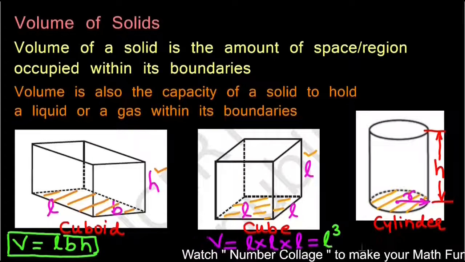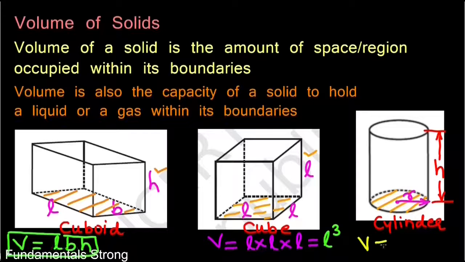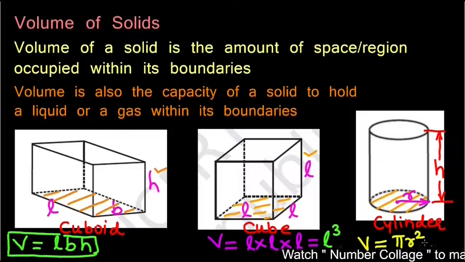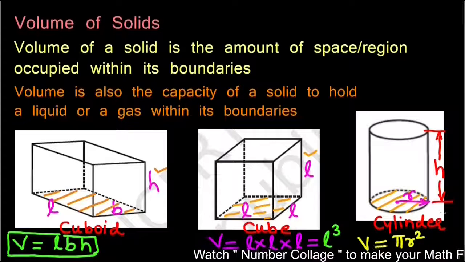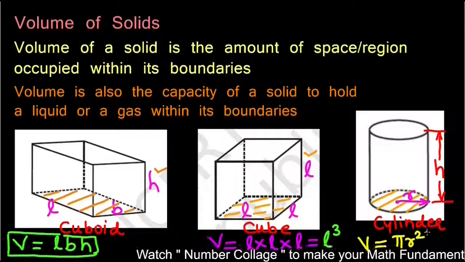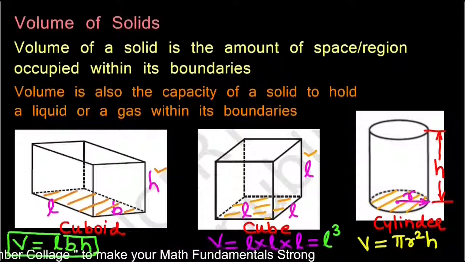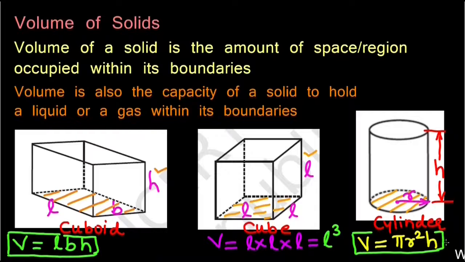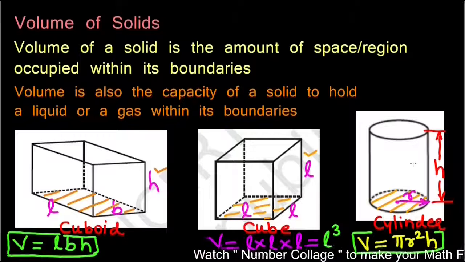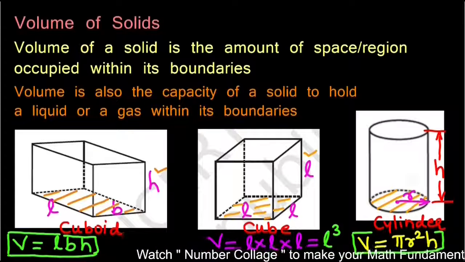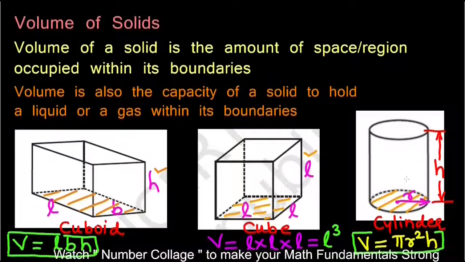So its volume V will be equal to area of the bottom circle, which is pi r square, multiplied by height of this cylinder, which is h. So the volume of this right circular cylinder is pi r square h. This volume also is the amount of liquid or gas that this right circular cylinder can hold within its boundaries.